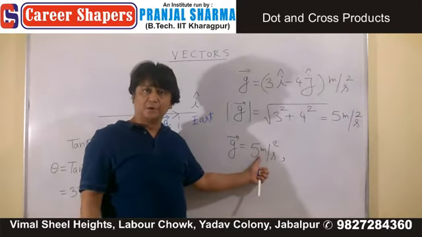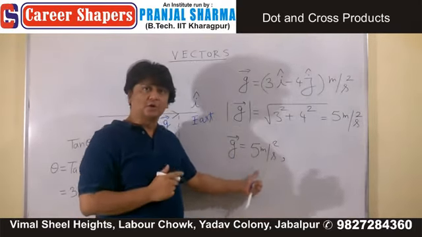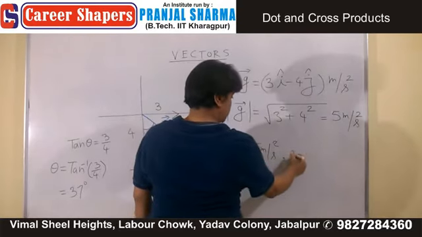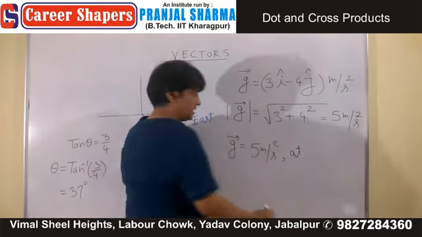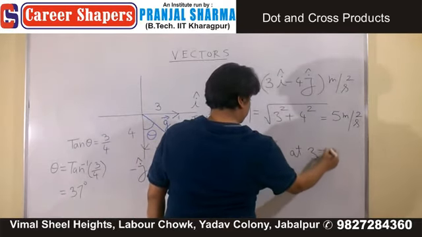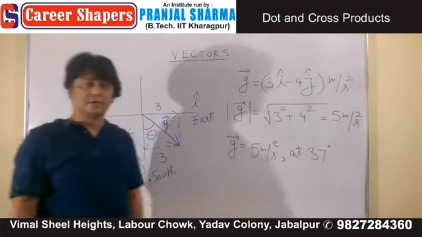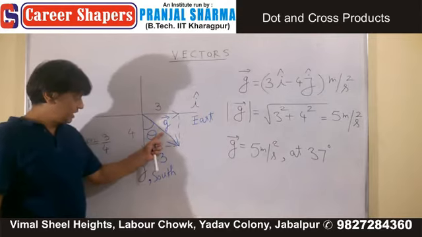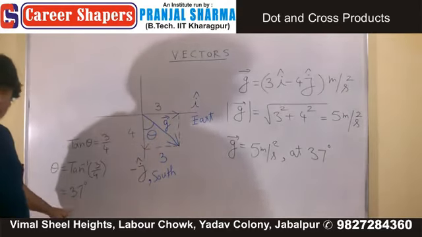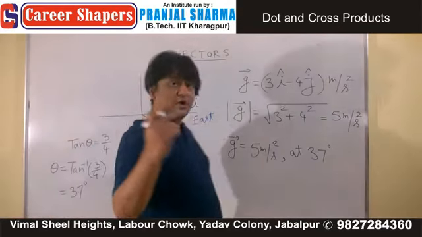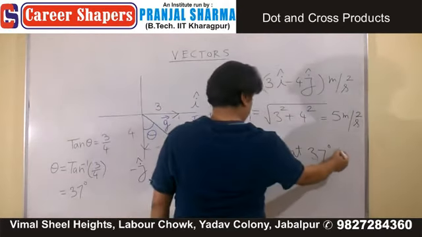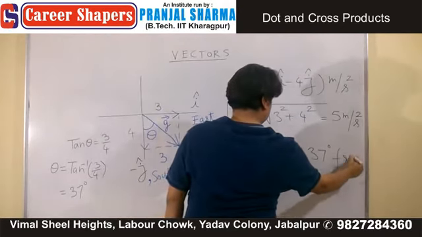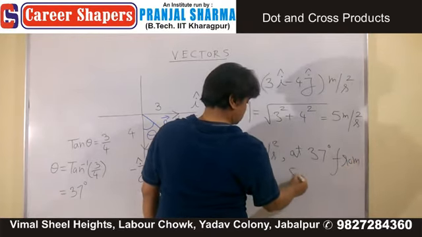This is the magnitude. How do you provide direction? You will say that this much gravitational field is at an angle of 37 degrees. But 37 degrees from where? 37 degrees from south.